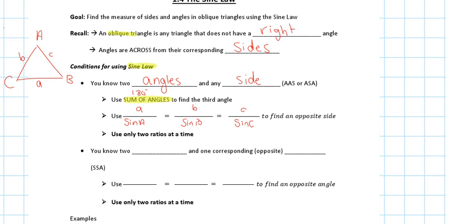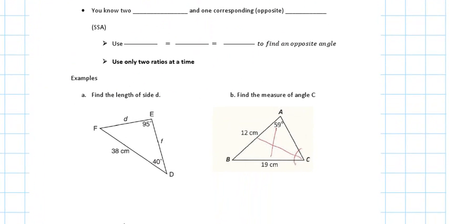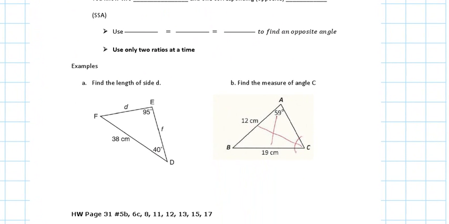Let me go find an example here. This is an example where I have two angles and one side. Do you guys agree with that? Is any of the angles equal to 90 degrees? No. So what I know is that this is 95, this is 40. I can find a third one if I need it.